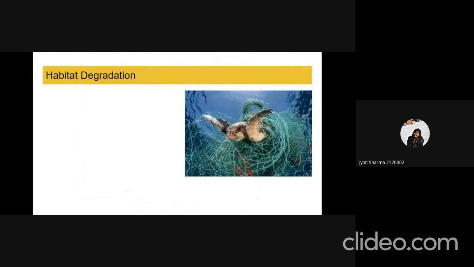Habitat degradation. Can you define it? What do you mean by habitat degradation, Kuldeep? Yeah, ma'am. Habitat degradation means the fauna and flora that are residing in a specific location, but the place is becoming suffocating for them to survive. So you are saying that whatever the habitat in which a species is living, the quality of that habitat has been degrading.